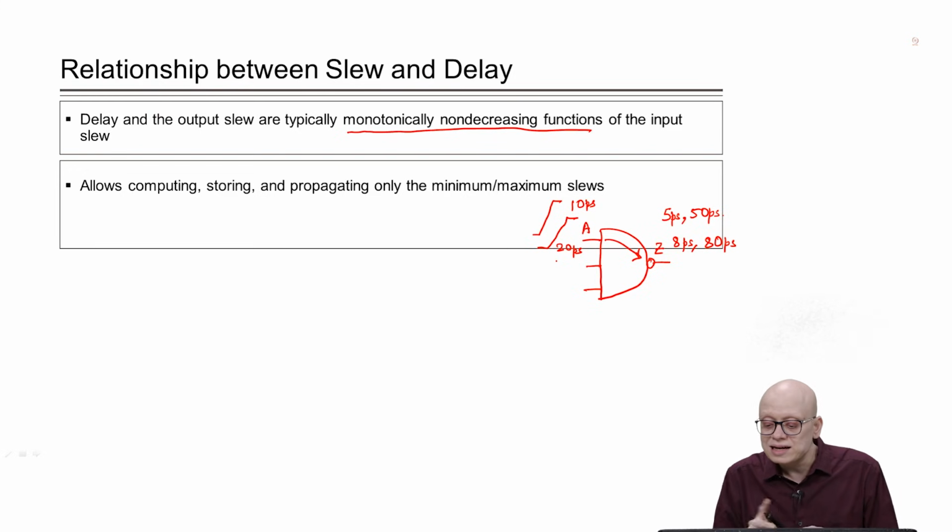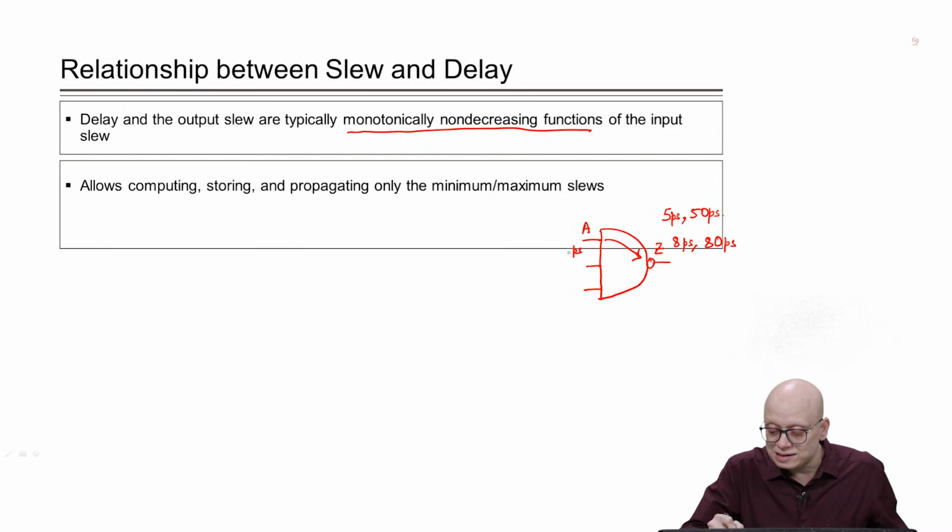So, what it means is that, as in our earlier case, the slew from A to Z was 10 picosecond, from B to Z it was 15 picosecond, and from C to Z it was 8 picosecond.